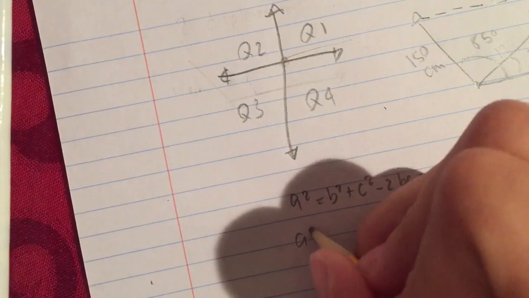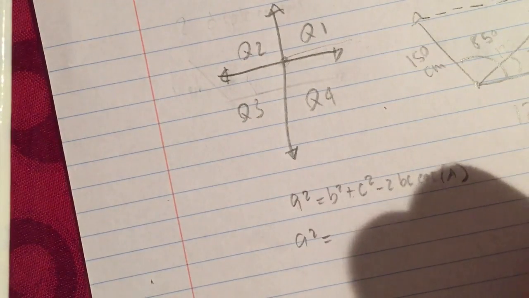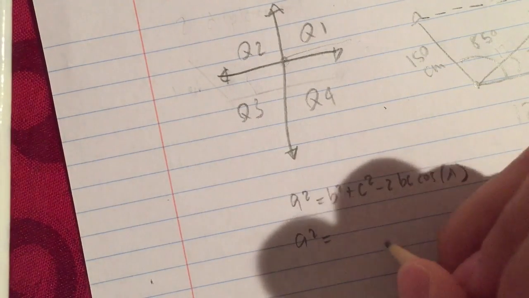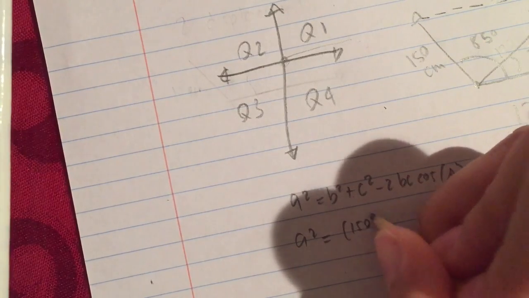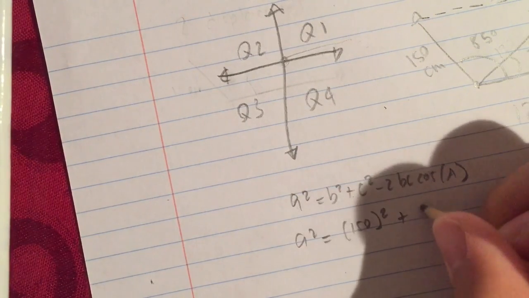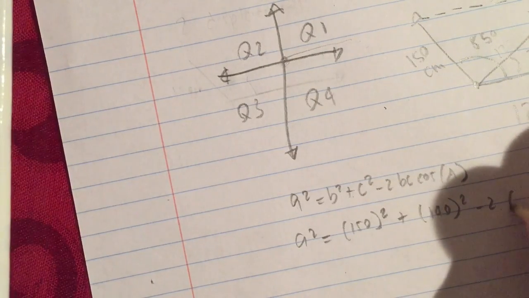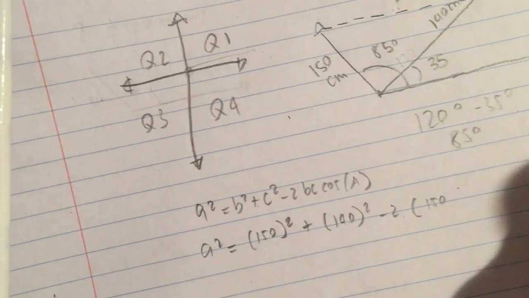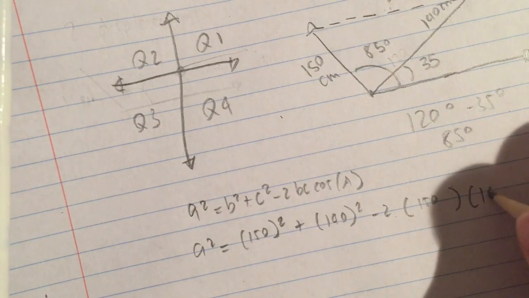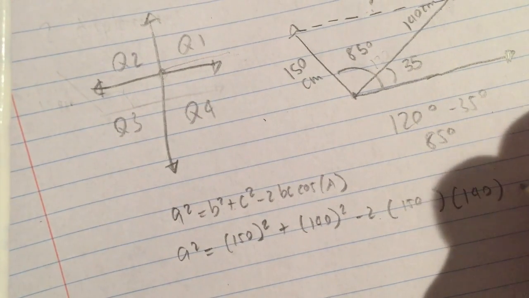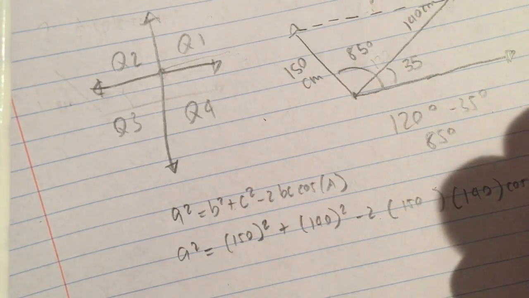So a squared, so now I'm just going to substitute the values. We're going to make 150 cm b, so 150 squared plus, and 140 would be c, 140 squared minus 2 times 150 times 140 cosine of 85.